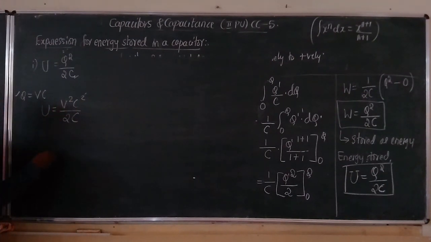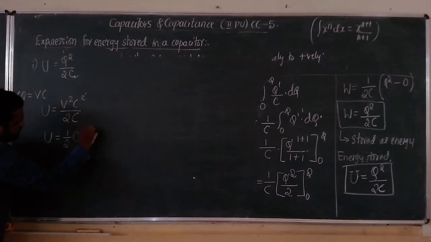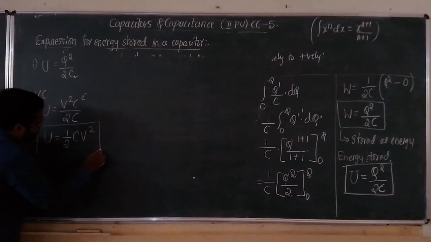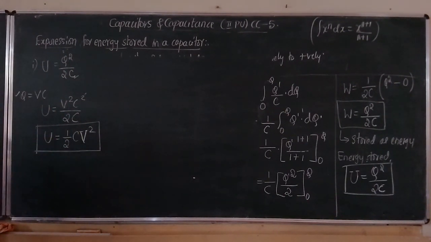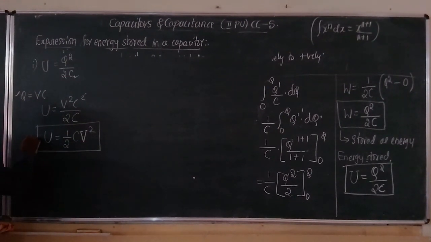This C cancels with this, remaining is U is equal to half into CV square. In terms of capacitance and potential difference, the expression for energy stored in a capacitor is U is equal to half into CV square. This is the second form of the equation.